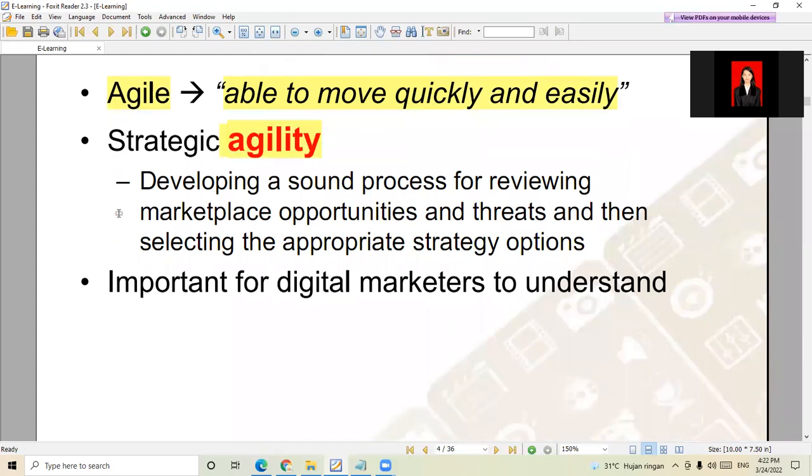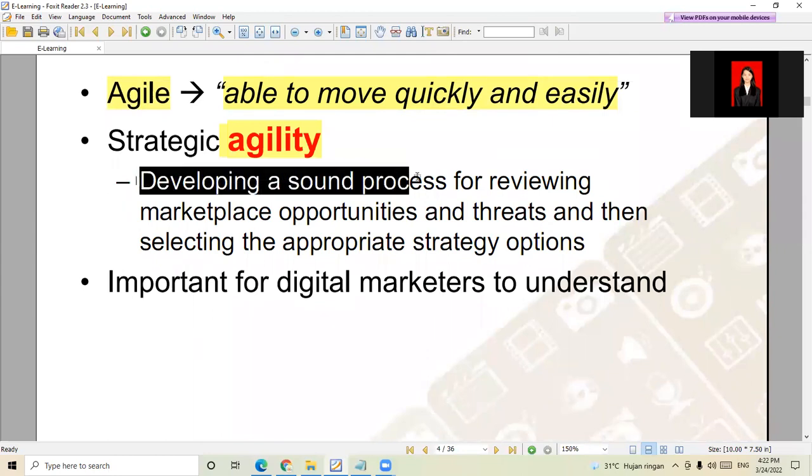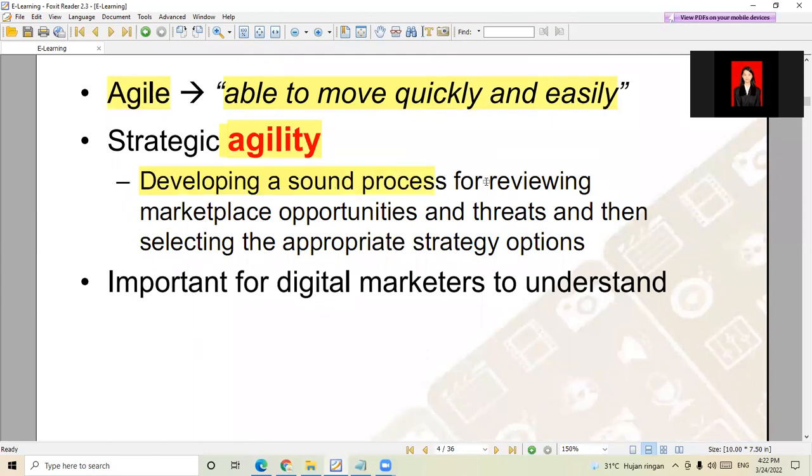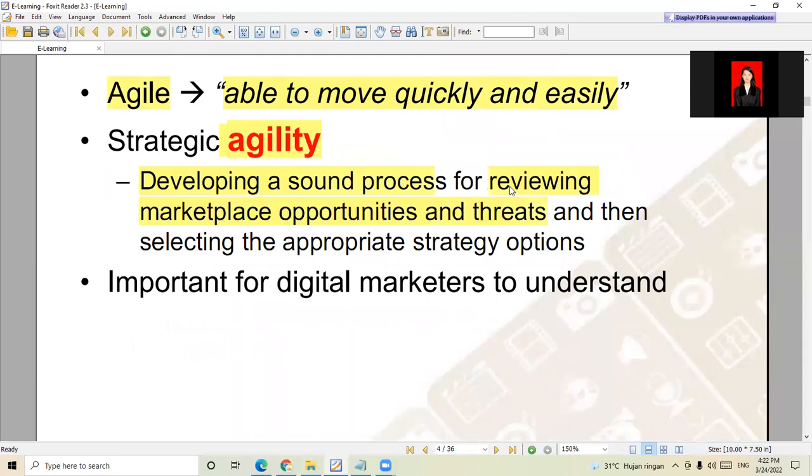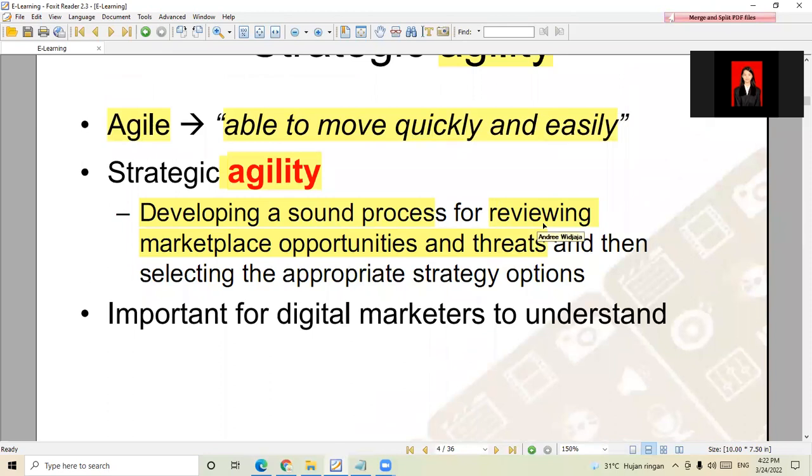Strategic agility basically means we have to develop a sound process in which we review marketplace opportunities and threats. We scan the environment to see what actually happened in the marketplace, and evaluate the results of that scanning, whether there are opportunities or threats.